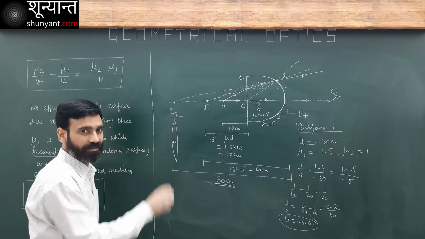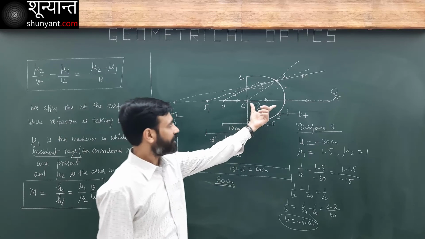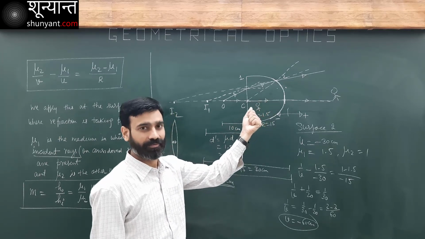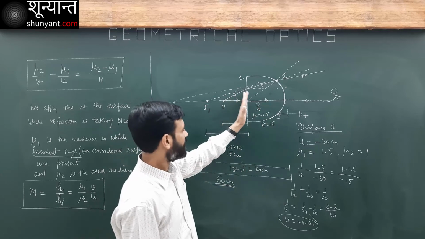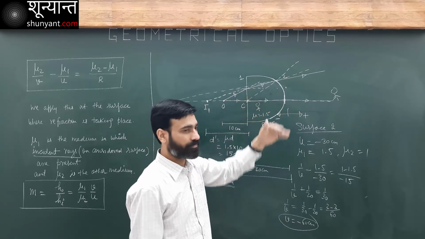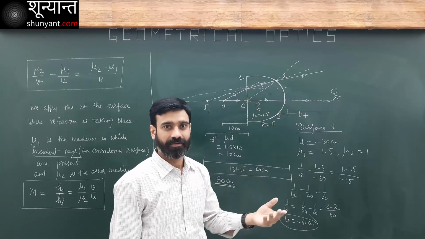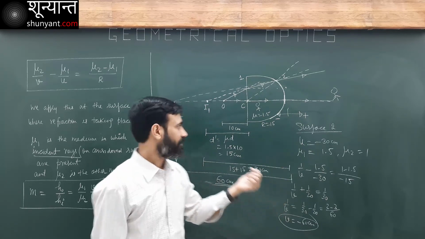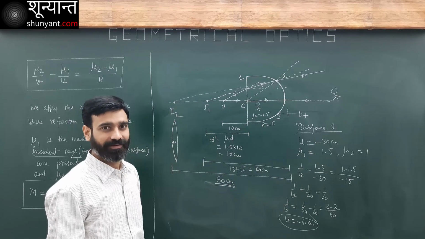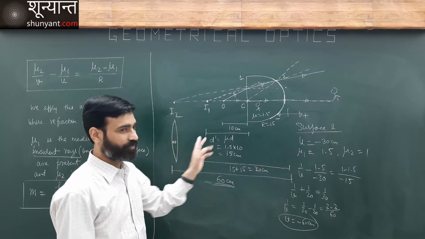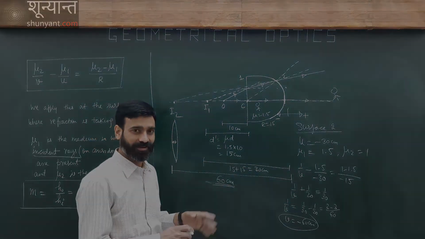To find the image from such thick lenses, we have to do it one by one. From each surface, I find the image sequentially, successively. Here, for thin lenses, we are going to have one formula where I can find my image in one step. We are going to do it in the next class.